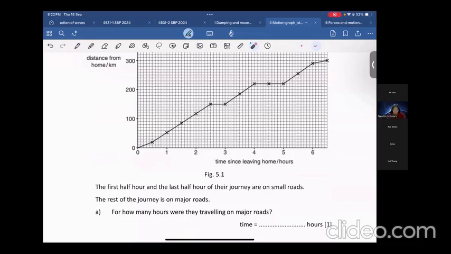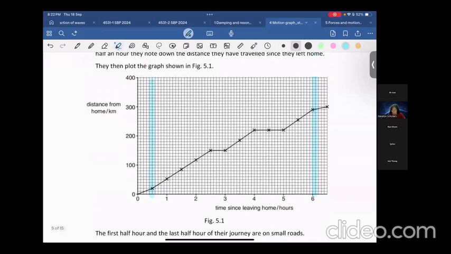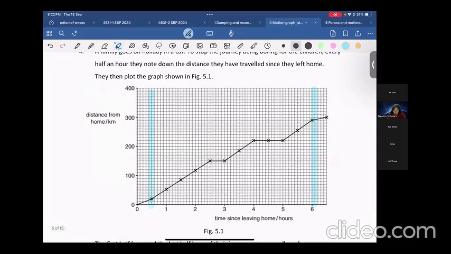So here, major route. Read the question, major route. If I draw it out, this is the first half hour and this is another half hour. The first half hour here is a small route, and the last one is also small. The rest is the major route.